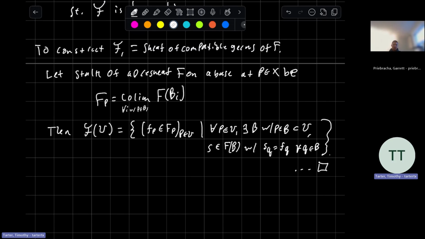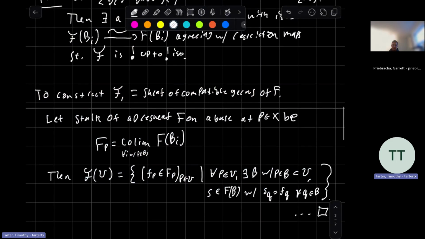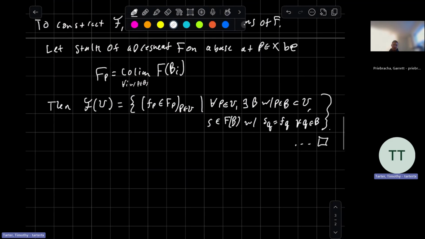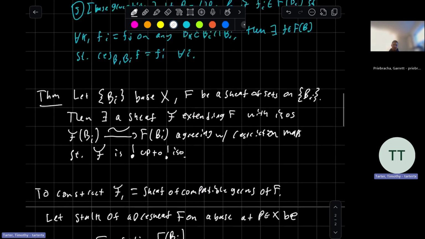It's called the big payoff theorem. So in that way, it's kind of nice. And then this is unique up to unique isomorphism. I think we just can't construct another sheaf that is different, or if we did, it would just be an automorphism of the same sheaf.